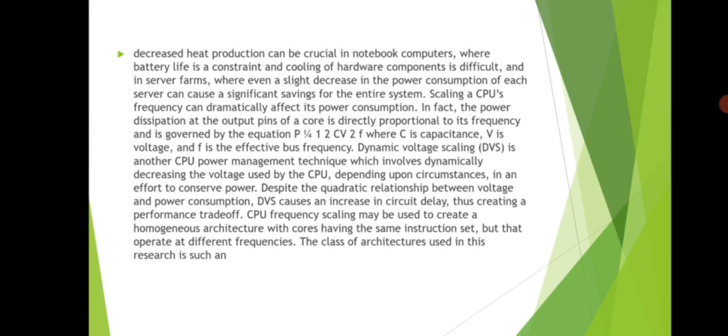Dynamic voltage scaling, DVS, decreases the voltage used by the CPU depending upon circumstances, reducing power consumption. DVS causes an increase in circuit delay, thus creating a homogeneous architecture with cores having the same instruction set but operating at different frequencies.